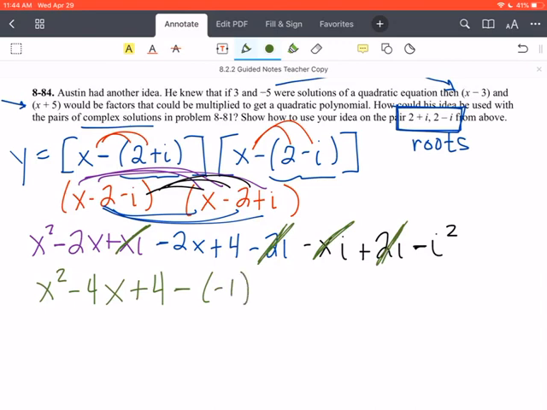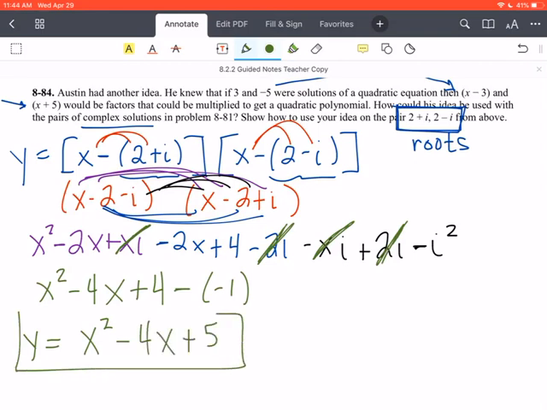So now, look, my imaginary component completely went away. When I combine, I get that my quadratic function x squared minus 4x plus 5 would produce these roots right here. They are complex roots, so it would not have x-intercepts. So we just worked the process backwards.